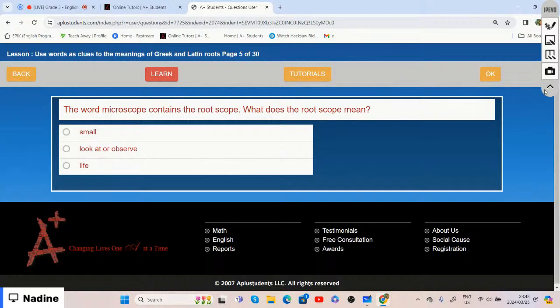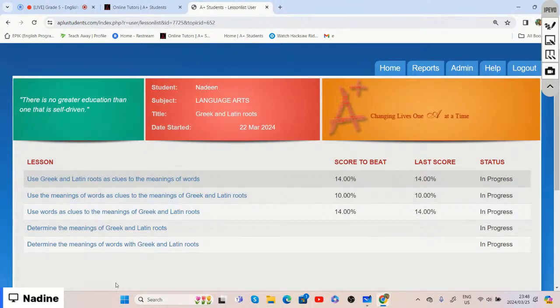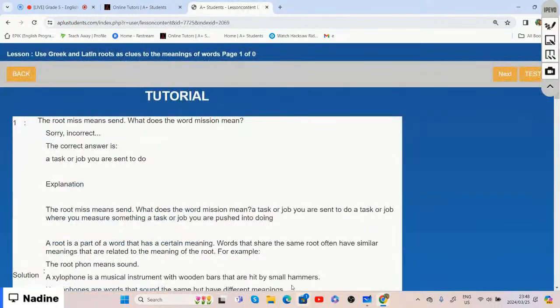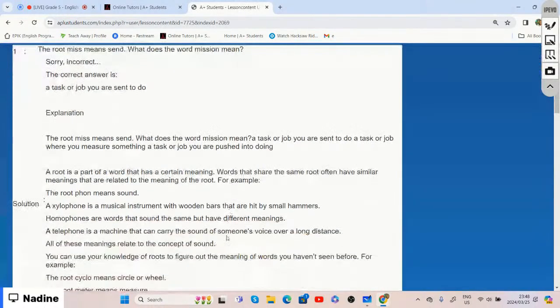So well done, guys. That is now the end of our lesson on Greek and Latin roots. We say that roots are words where you'll have a root that contains a certain meaning.